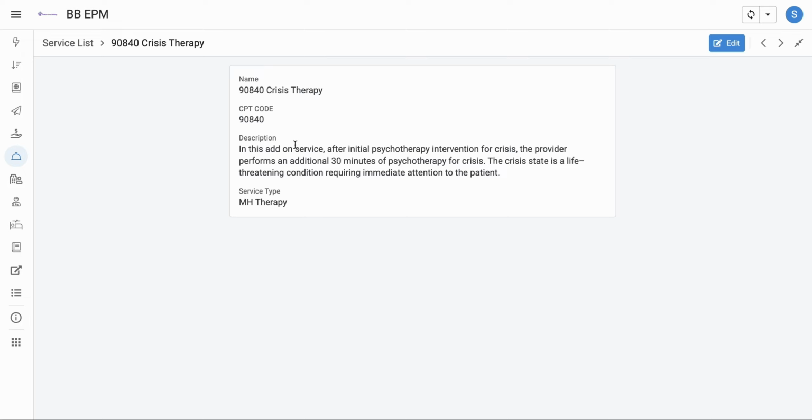So what this is telling us for compliance, the crisis state is life-threatening and the patient is requiring immediate attention. But also, let's make sure that we note for the 90840, this is an add-on for an additional 30 minutes. So this comes after the 90839. So pretty much once you hit 75 minutes, you're able to bill the 90840 once you utilize an additional 30 minutes. Okay.